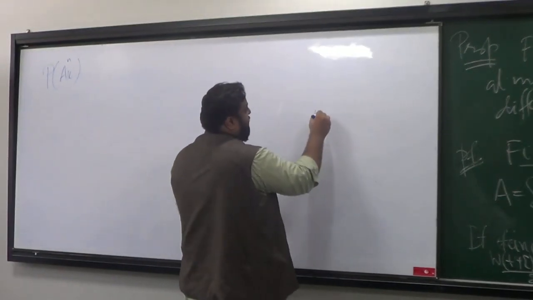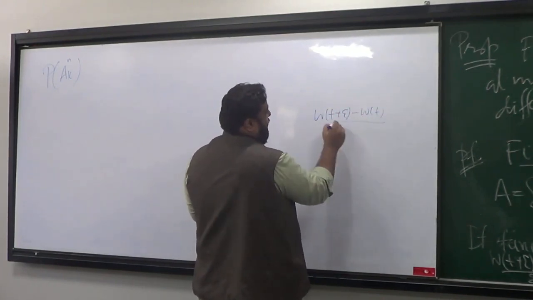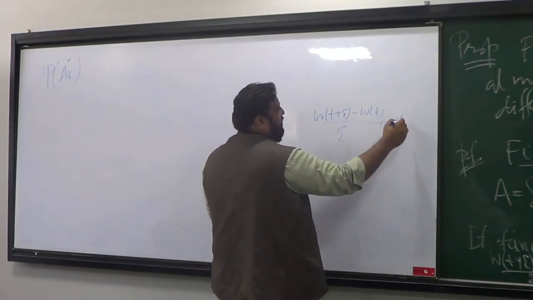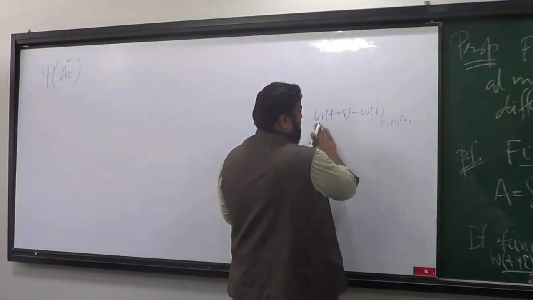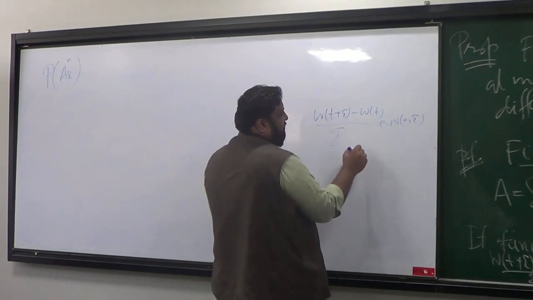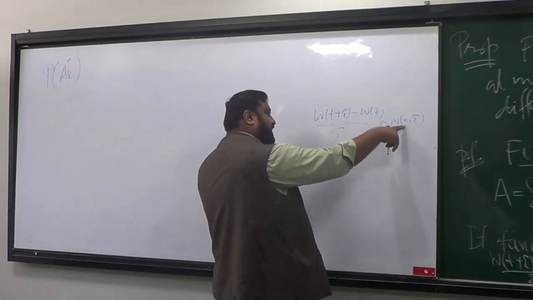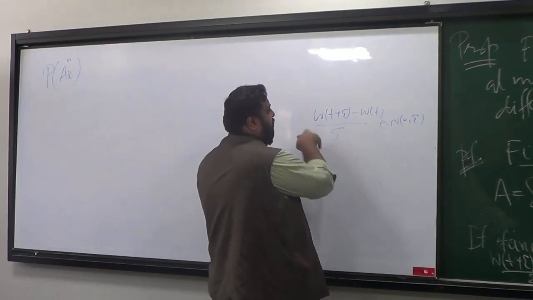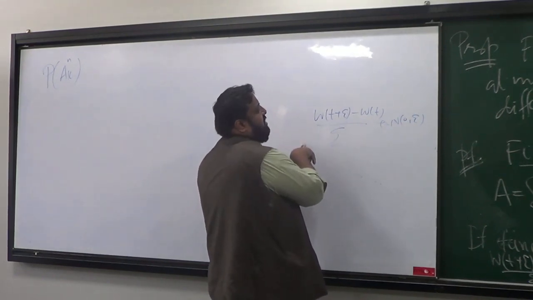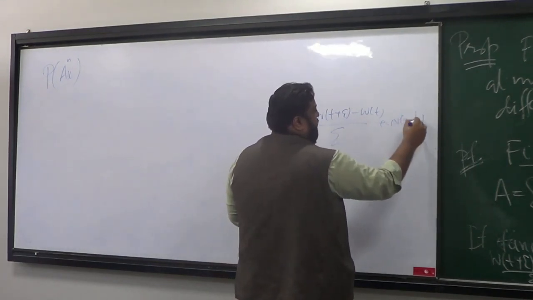So I have (W(t+epsilon) minus W(t)) over epsilon as normally distributed. The increment is normally distributed with mean 0 and variance epsilon, and dividing it by epsilon, the expectation is still 0. The variance is going to be 1 over epsilon squared times epsilon, so it's going to be 1 over epsilon.